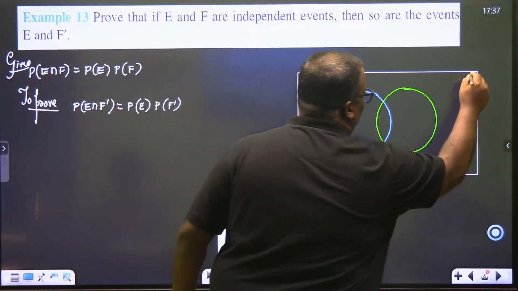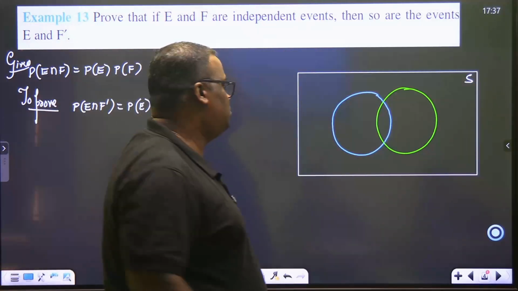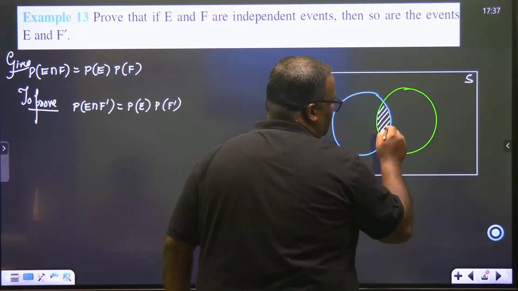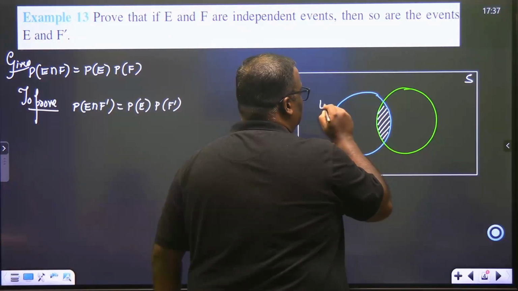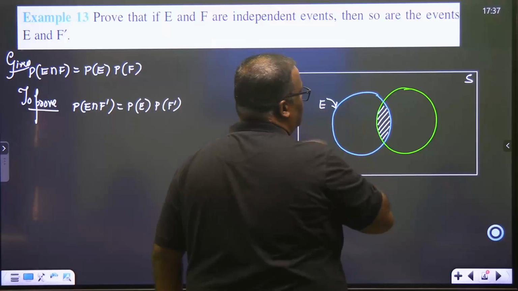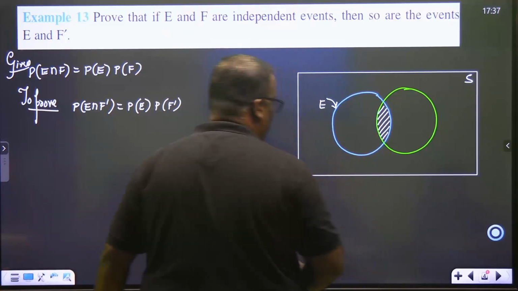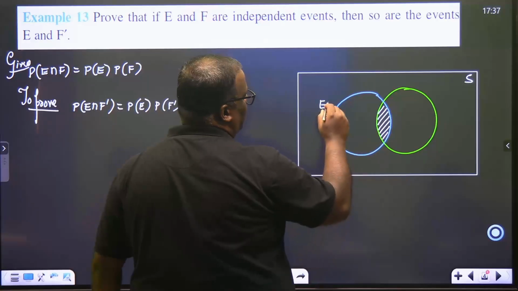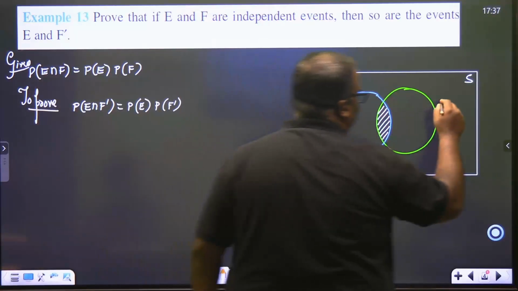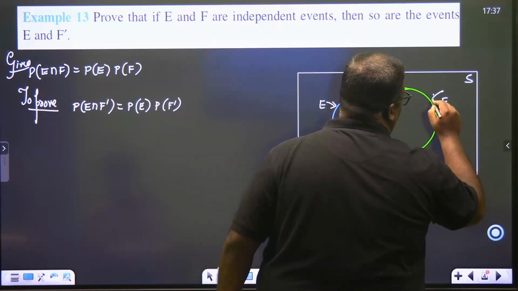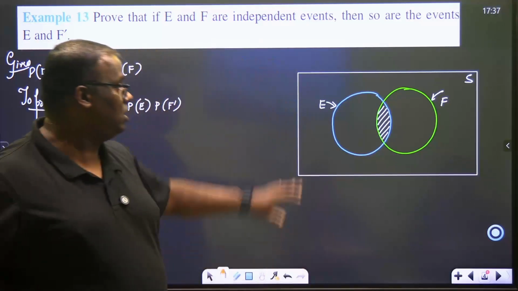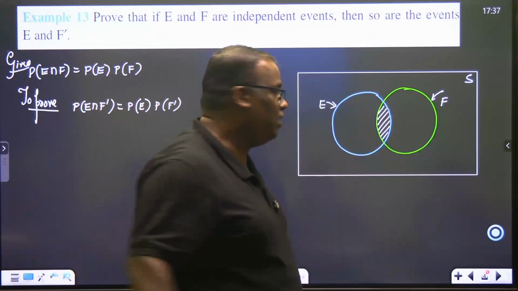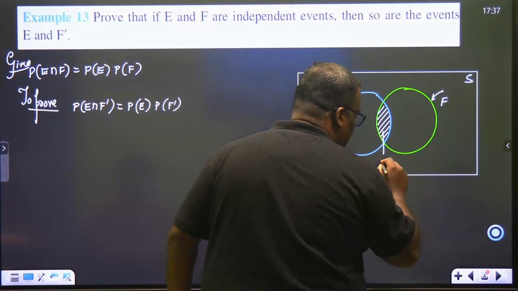Now let's first demarcate each areas. Okay, the whole is the sample space. Just observe what I'm doing. Okay, don't copy. Try to understand first. This is E. Okay. Say this is E and this is F. When I've drawn the arrows on the circle means the entire blue circle is E, the entire blue circle is F. What is this?